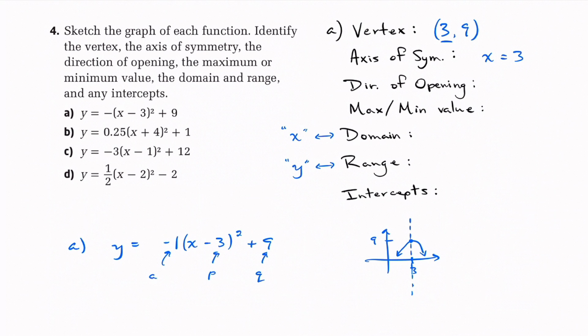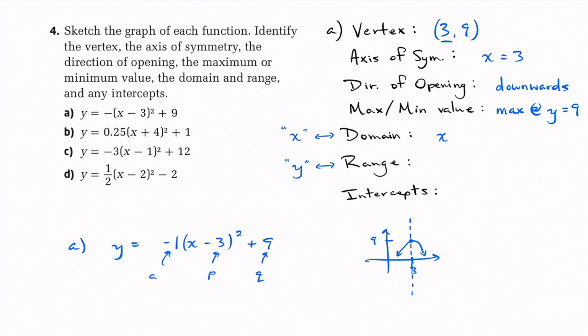So if it's negative, that means it's going to open downwards. The max or min value, well, because it opens downwards, that means we're going to have a maximum point. And that is at the y point of the vertex. So y equals 9.